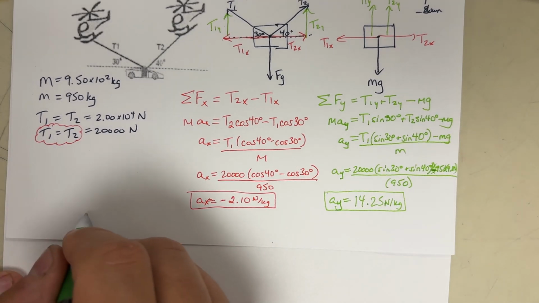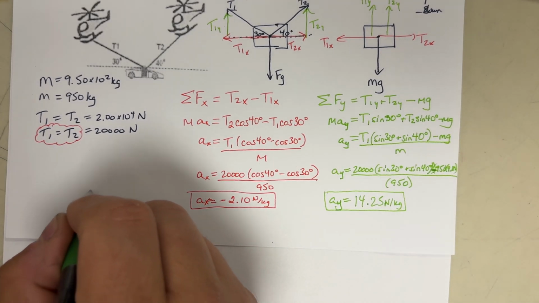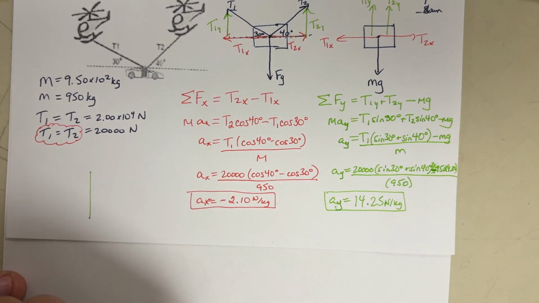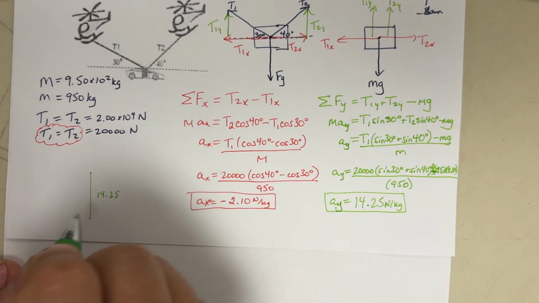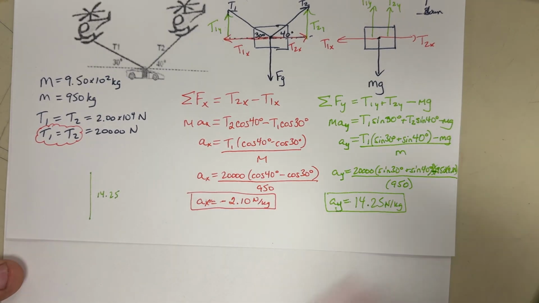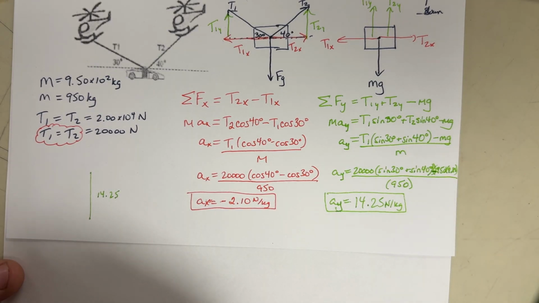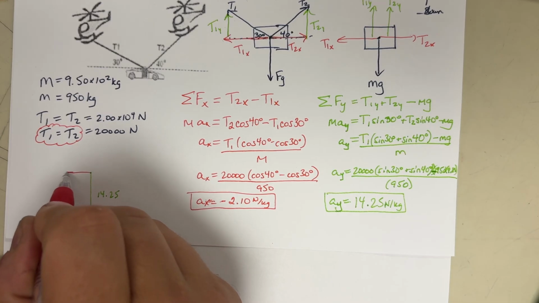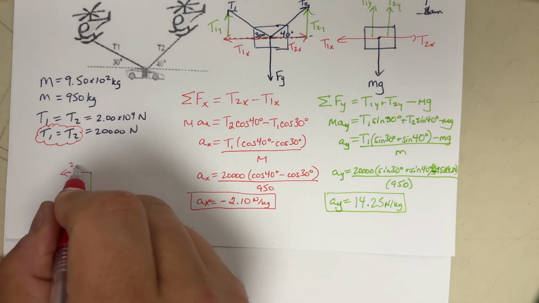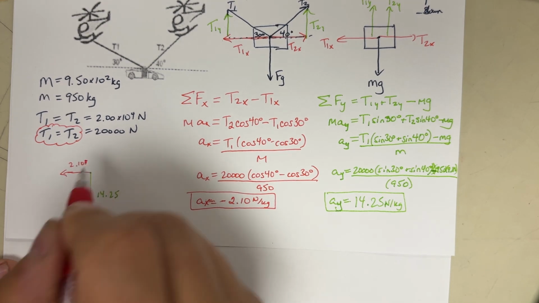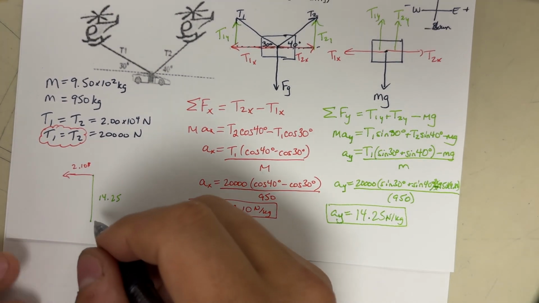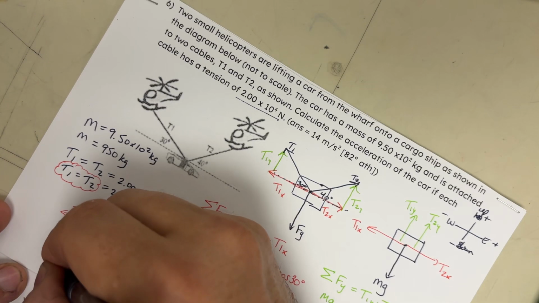So it's going up 14.25 and over 2.10 newtons per kilogram. And so the actual movement is kind of like this.